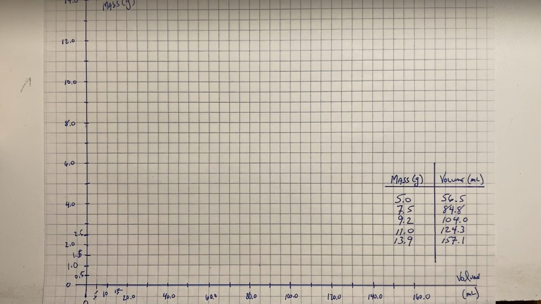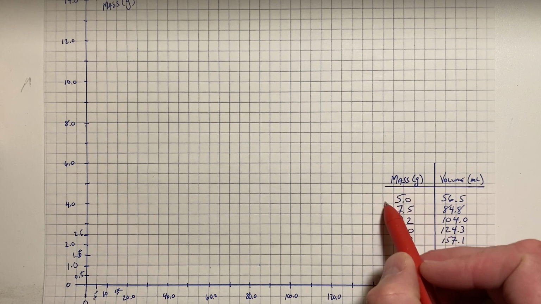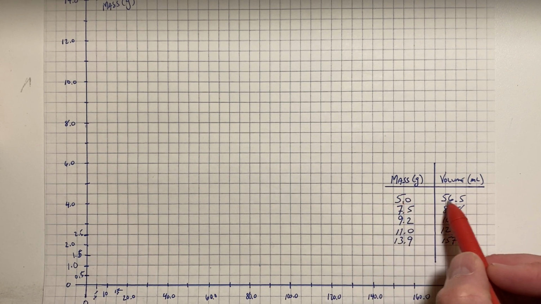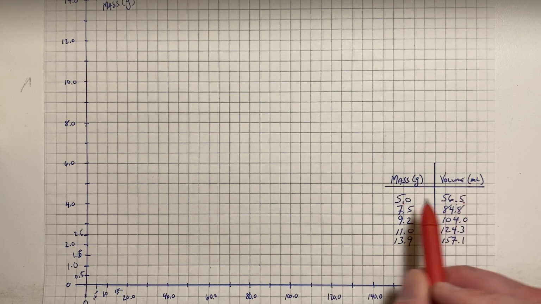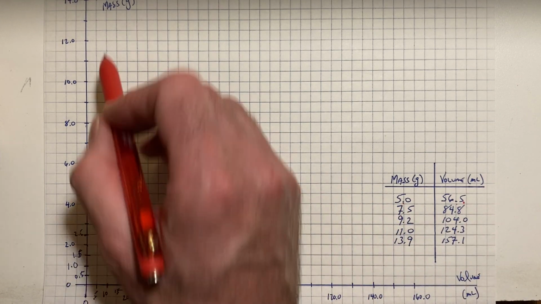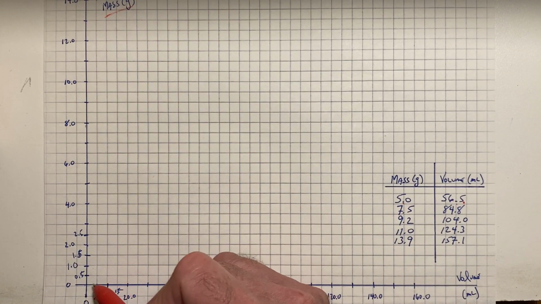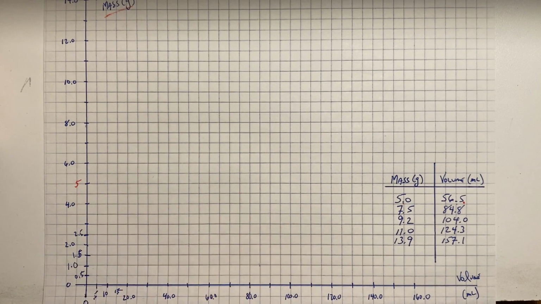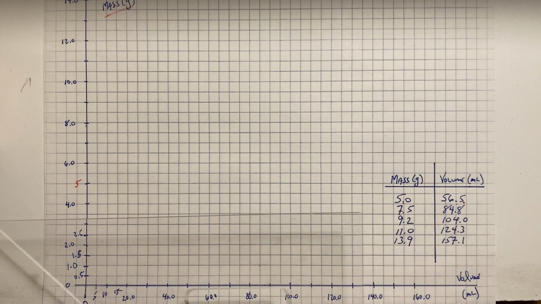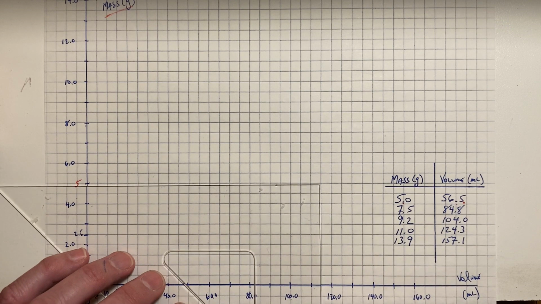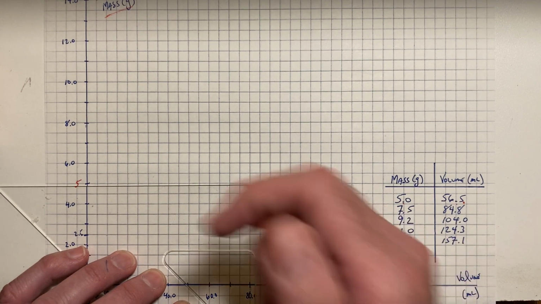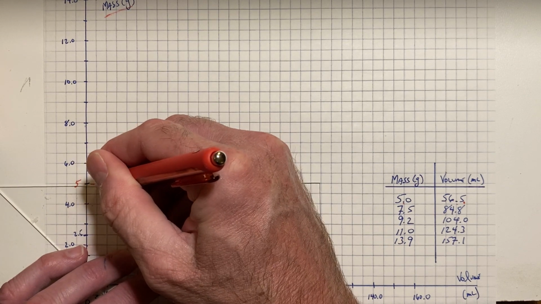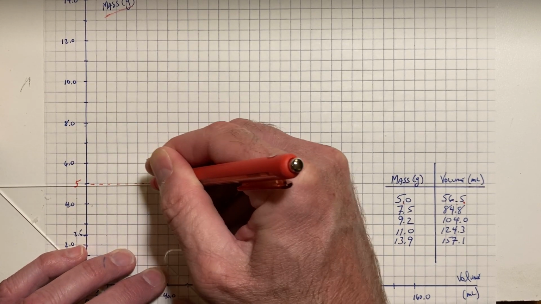Now let's take a look at plotting the points. If I want to plot 5 and 56.5, I first have to come over to the mass scale and find 5. So this is my 5 on the mass scale, and I'm going to draw an imaginary line or a dotted line that comes out of that 5 right there.